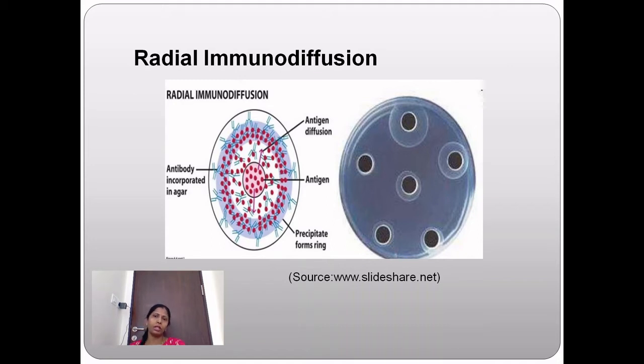As such, the diameter of the precipitin ring increases with increase in the initial concentration of the antigen. This is a commonly used quantitative assay to know the amount of antigen in given samples.